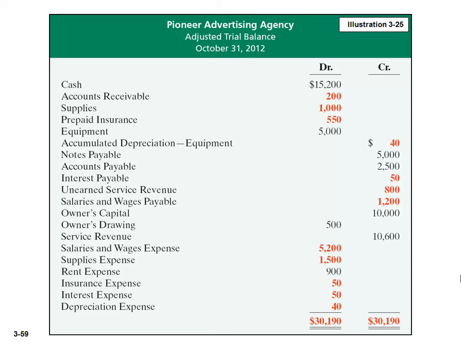Now through our adjustment, we've reflected that we've delivered those services, and therefore we increase our regular revenue account by $400, resulting in a final balance of $10,600, which we'll start our financial statement preparation stage with.